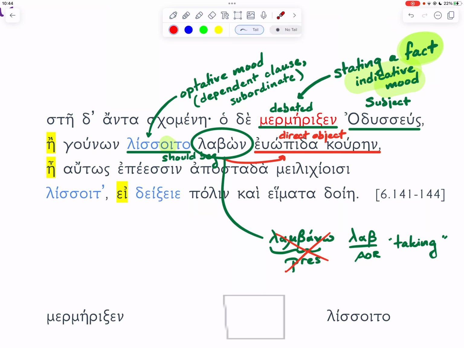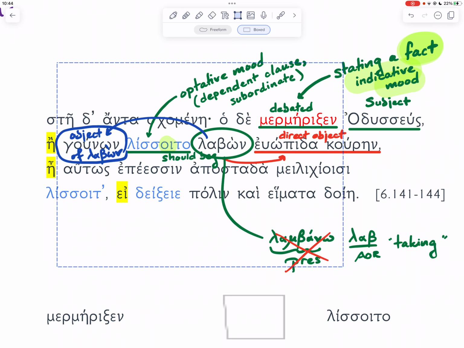He debated whether he should beg the beautiful girl while doing what? While taking hold of her, genitive, of her knees. So this is actually the object of labon. While grasping her at the knees, he debated whether he should beg this beautiful maiden.